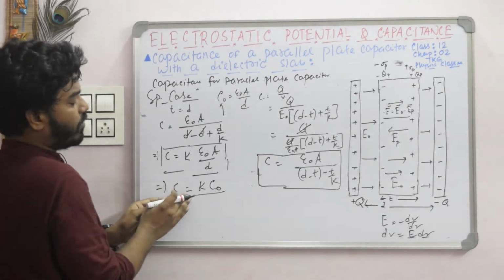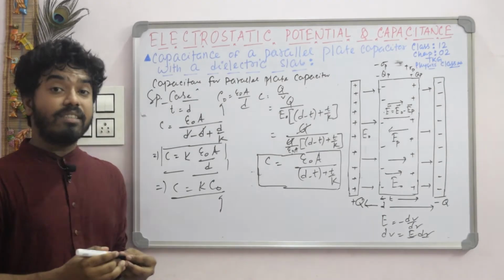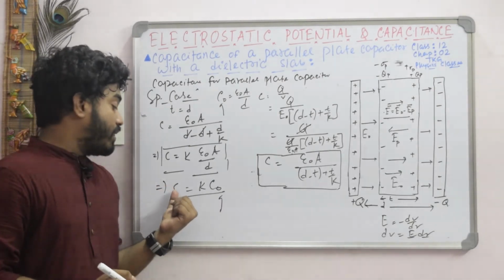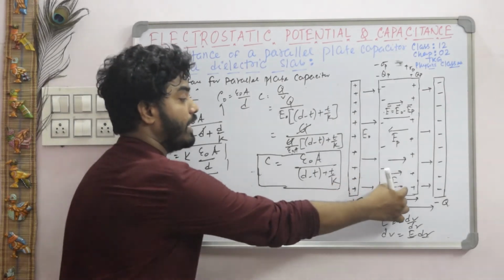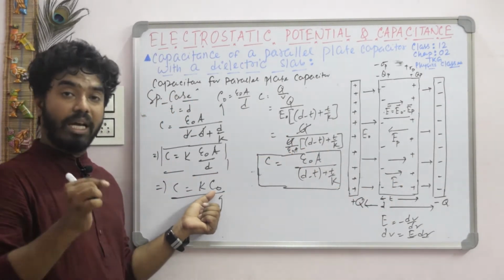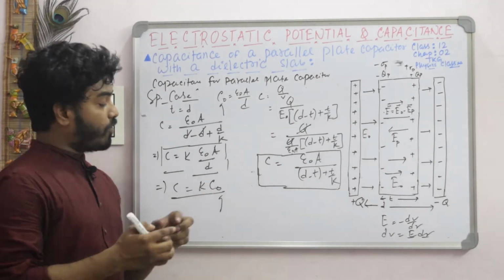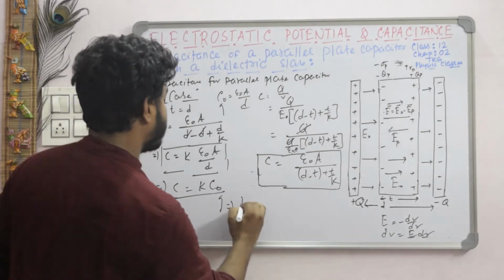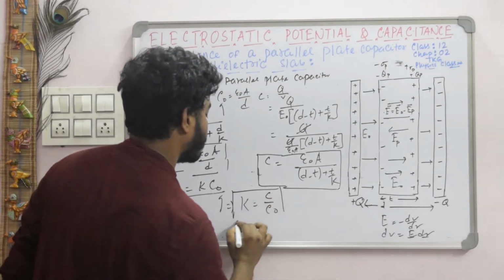This is the final expression, and it says that the capacitance of a parallel plate capacitor with a dielectric slab between the plates is K times the capacitance of the parallel plate capacitor in vacuum. So, from here we can say K is equal to C by C naught.